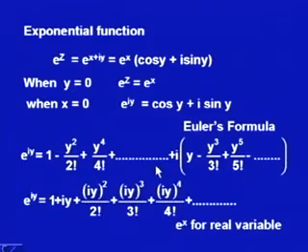If I combine these terms, then e^(iy) is equal to 1 + iy + (iy)^2/2! + (iy)^3/3! + (iy)^4/4! and so on. If I arrange these terms in this manner, one can see that this is nothing but the expansion of e^x where x is replaced by iy. So this is very similar to what we have for real variables.